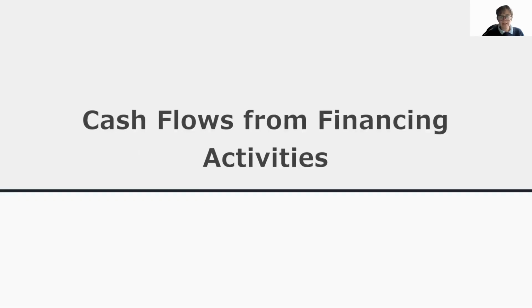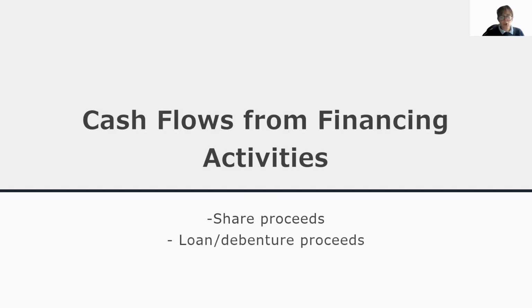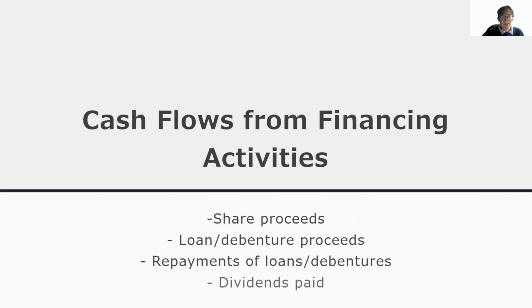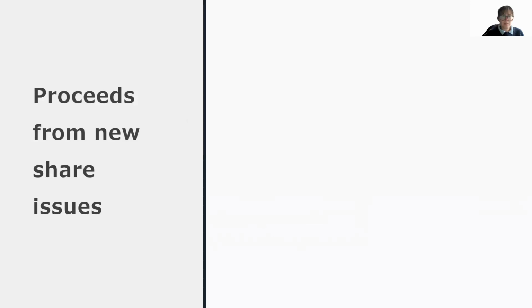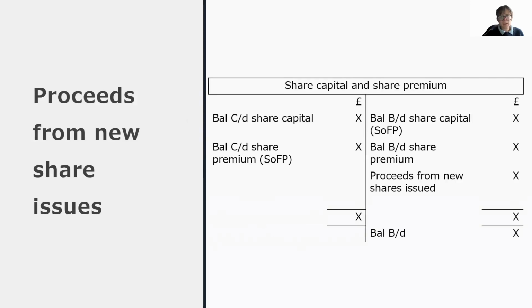Cash flows from financing activities then. These include share proceeds, loan and debenture proceeds, repayments of loans, and dividends paid. So proceeds from new share issues then. So this is looking at your share capital and your share premium account.